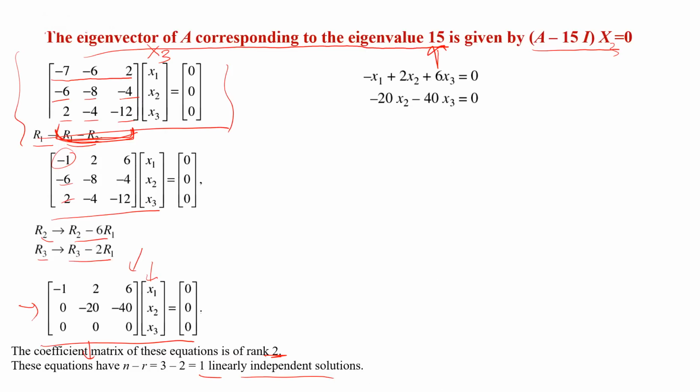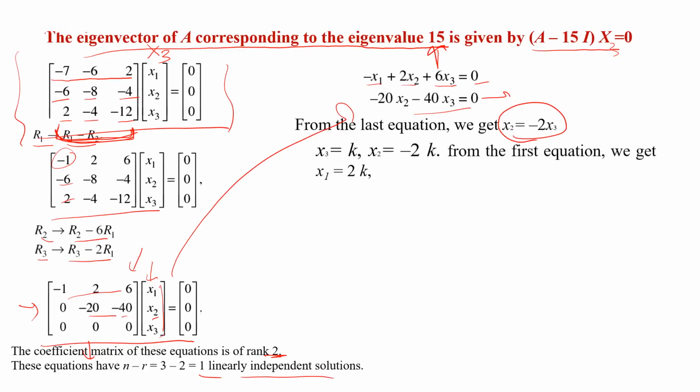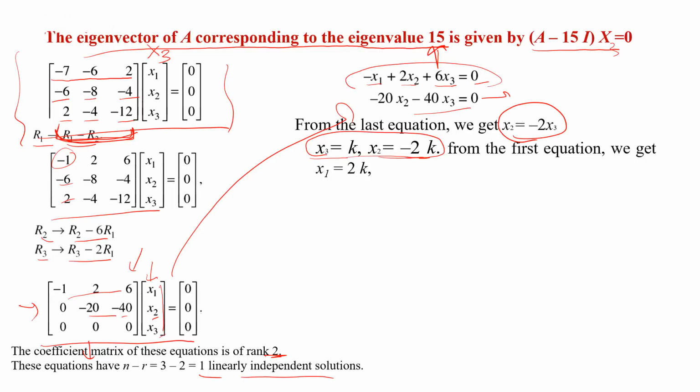So we convert that system again into equations. We write minus x1 plus 2x2 plus 6x3 equal to 0, and then 20 x2 minus 40 x3 equal to 0. Now the second equation implies x2 is equal to 2 times x3, and we choose x3 as k, then x2 becomes 2k, and when we put x3 and x2 in equation 1, we get x1 is minus 2k.